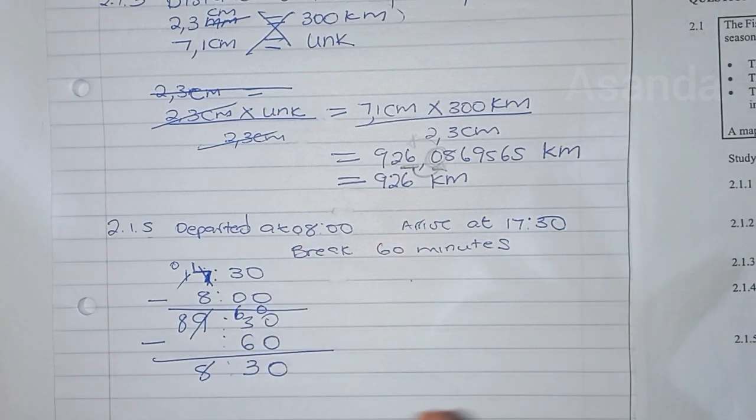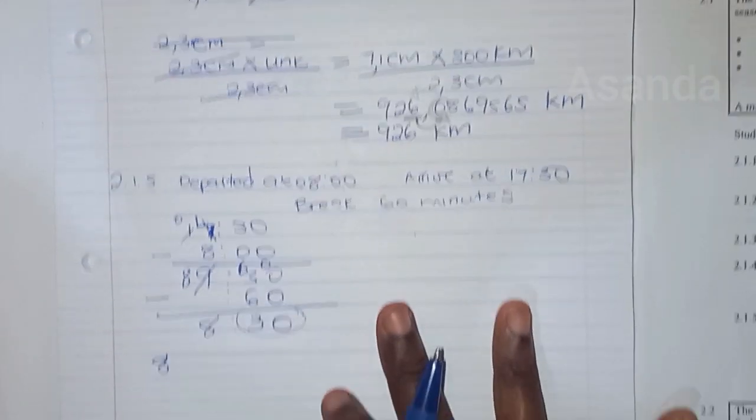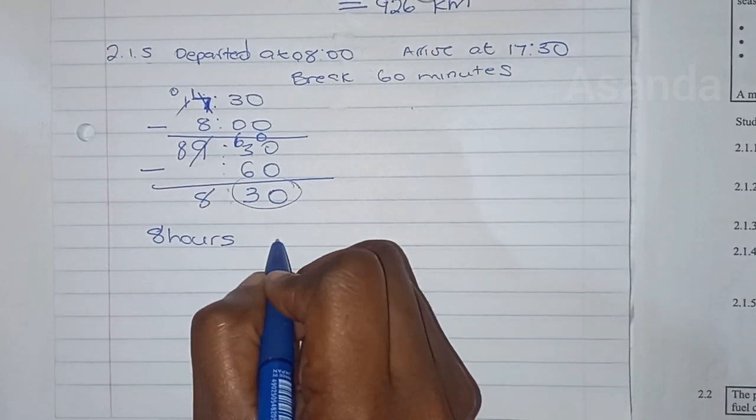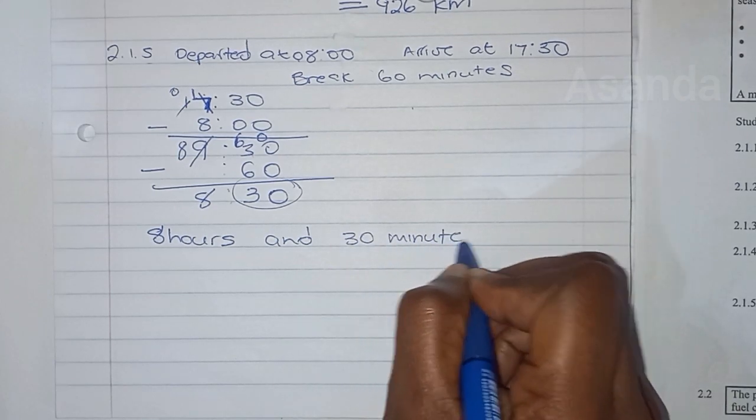Now, here's the thing. To calculate speed, I have to convert that to hours as well. So here we have 8 hours and 30 minutes.